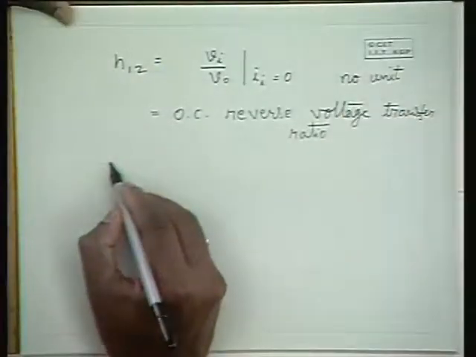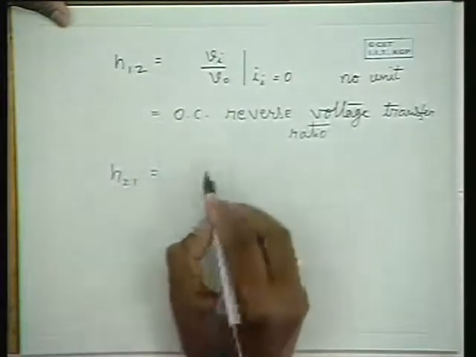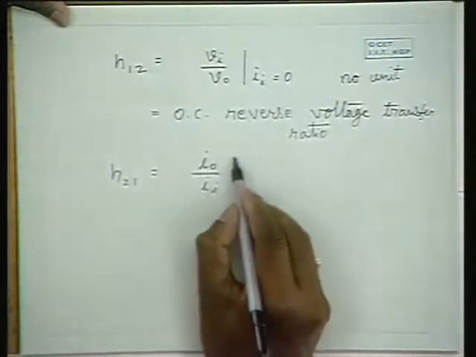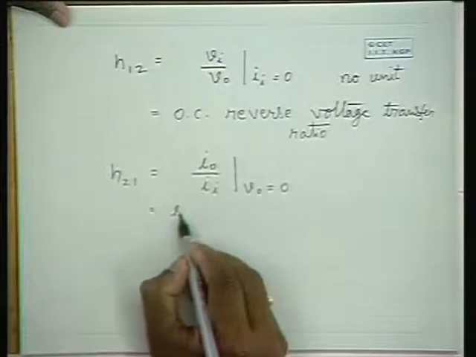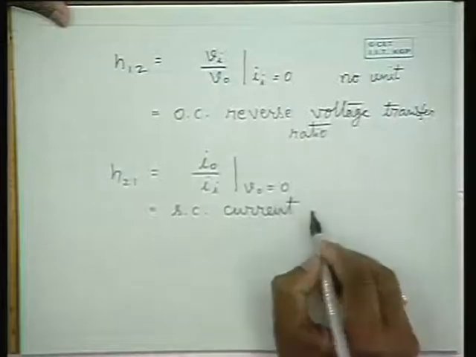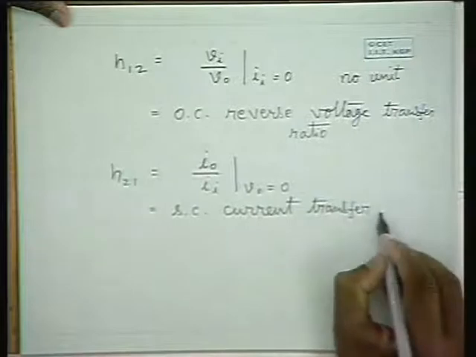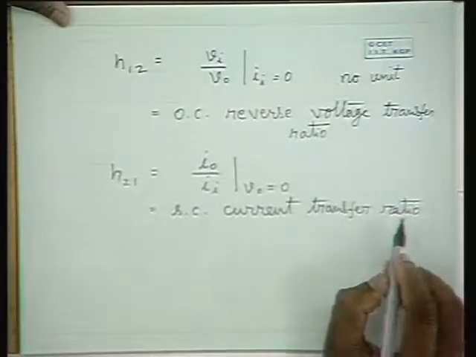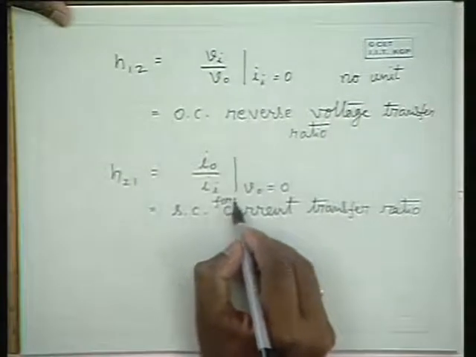Hence, H21 is equal to output current to input current ratio when V0 is 0, and this is known as the short circuit current transfer ratio. So is it a reverse ratio or forward ratio? It is the short circuit forward current transfer ratio.